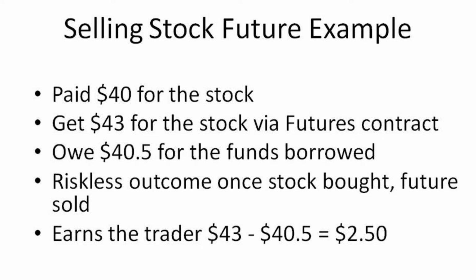Like, why did we borrow money at 5%? What if we just happen to have $40? Well, even if you have $40, there is always a time value of money. Even if you happen to have that $40 in your bank account, you would have been earning an interest rate on that. So we're charging ourselves an interest rate in order to make sure that the price is fair.